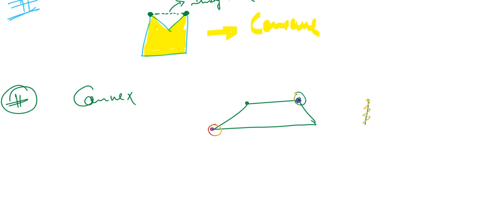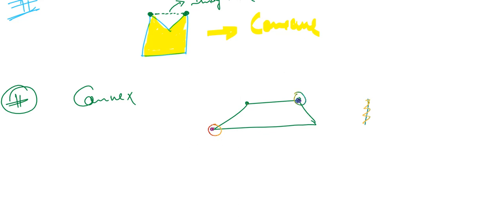Except if none of the sets of two vertices yields a line segment giving an imaginary line lying outside, then the polygon must be convex. Are you okay with that?